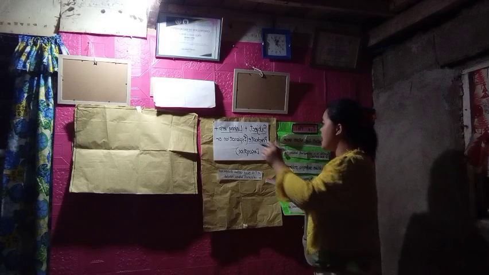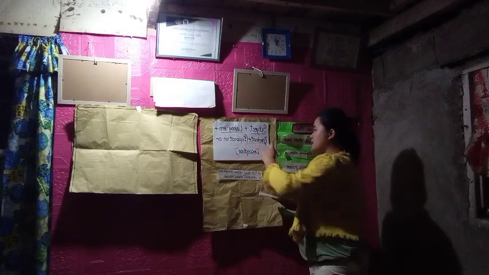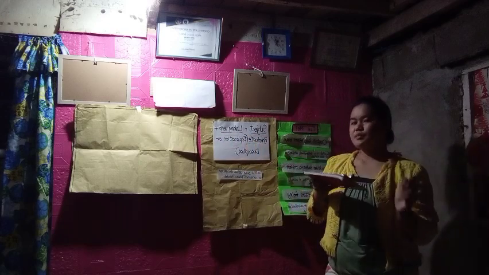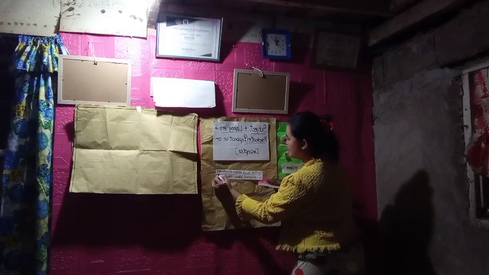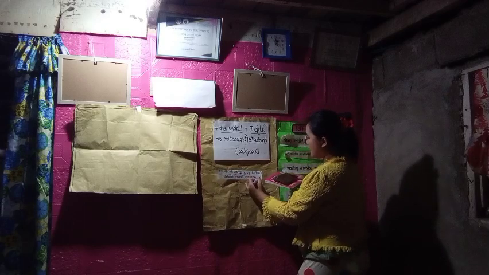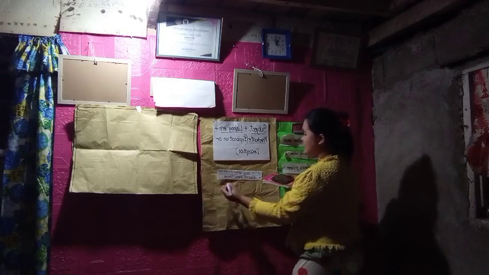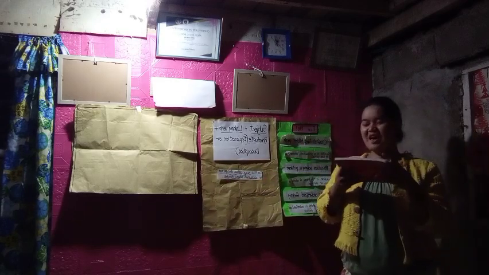Now let's have the last one, the predicate. Where is the predicate? Very good. Here is the predicate: a serious disagreement or argument between individuals. Very good, everyone.